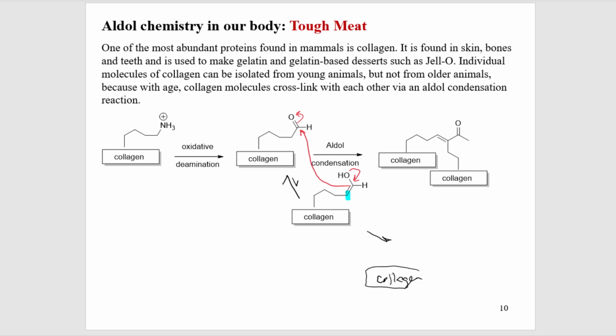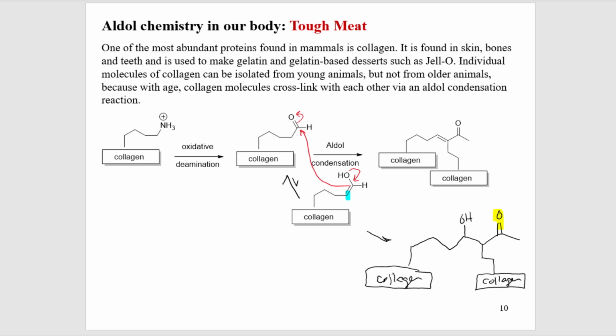And when you cross-link all of these once fluid molecules, the fluid molecules are now cross-linked and their movement is restricted, making it tougher. That's why older animals have tougher meat, because you are cross-linking their collagen molecules.